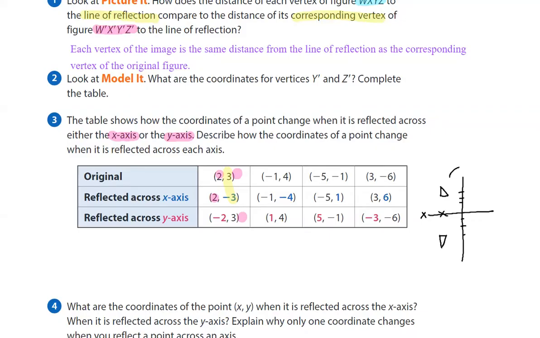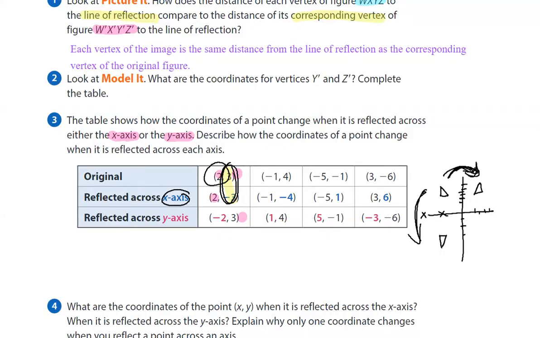If it's reflecting now across the y-axis, the y coordinates aren't changing, but now the x's are the opposite because it went sideways. Okay, so if it reflects across the x-axis, it's going up and down, so the up and down coordinates will change. If it's reflecting across the y-axis, it's going side to side, so the opposite of what I said.